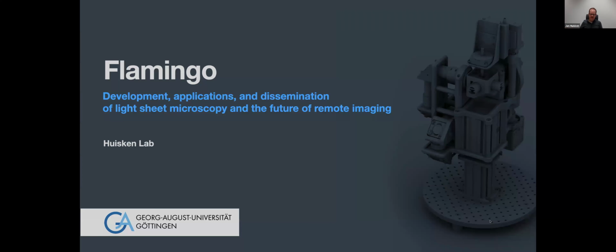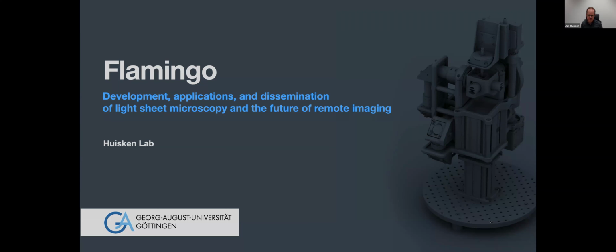So, as was already said, Flamingo is the main topic for today. This is really an exciting project I want to report about. This is our latest light sheet microscope, and it offers a ton of opportunities for us nowadays.